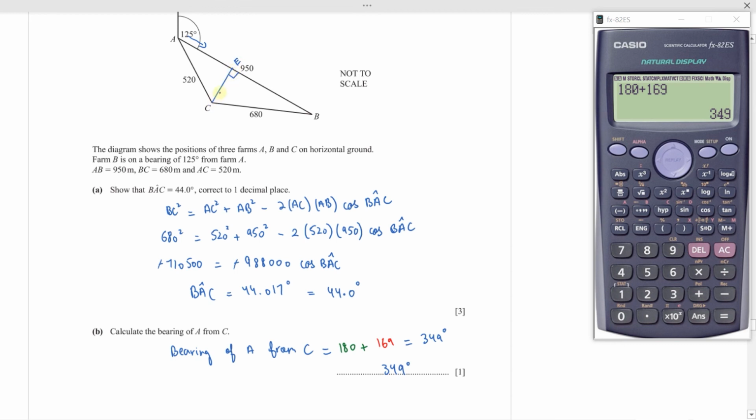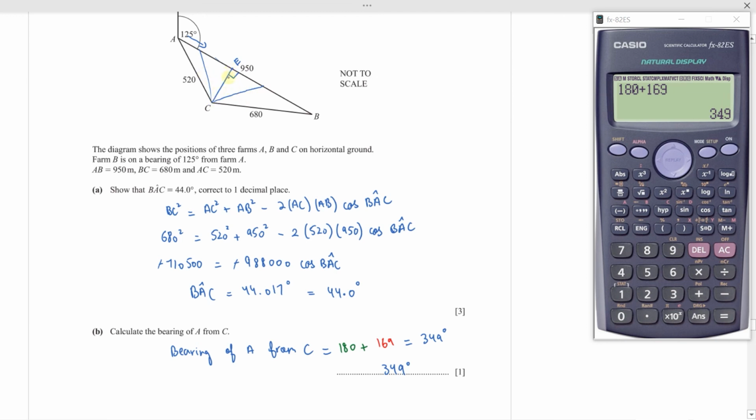So perpendicular distance is always the shortest distance. So when you are at point E, you are at a perpendicular distance from point C, which will be the shortest. As soon as you start to move in this direction, your distance from C will increase. And if you move in this direction, your distance to C will start to increase as well. So these two lengths are greater than this length.